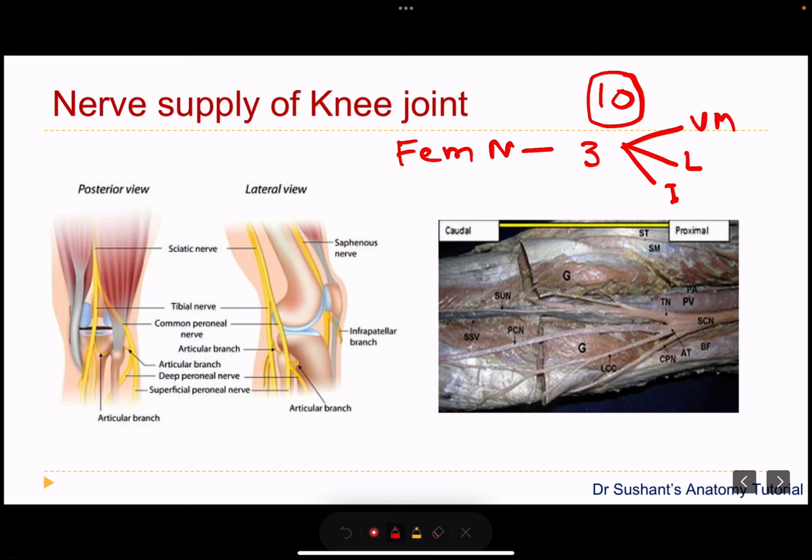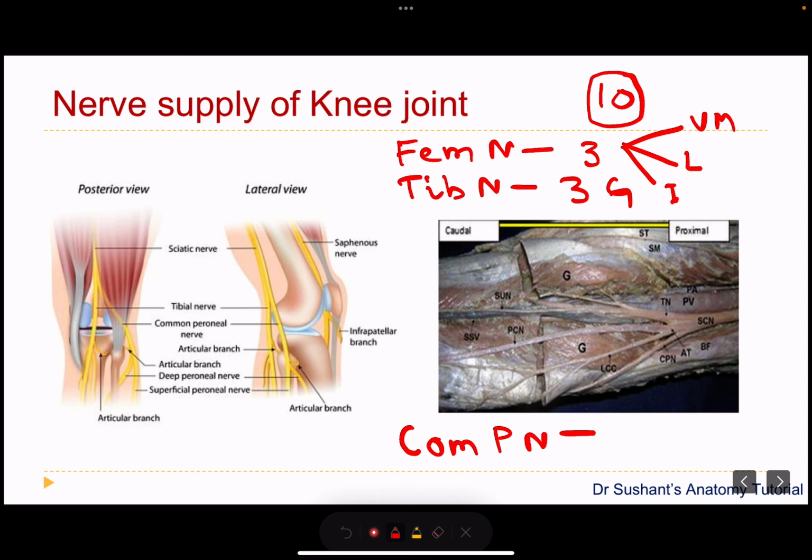We also have the nerves coming from the tibial nerve. The tibial nerve gives 3 genicular branches: superior medial genicular, middle genicular, and inferior medial genicular nerve. So that is 6. And we also have the branches from the common peroneal nerve.